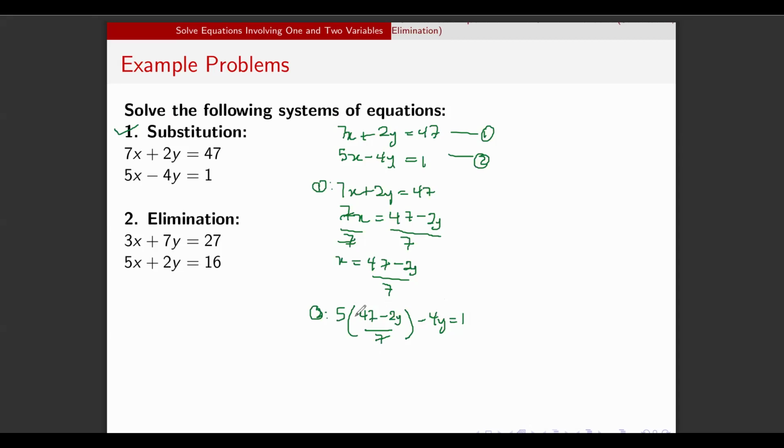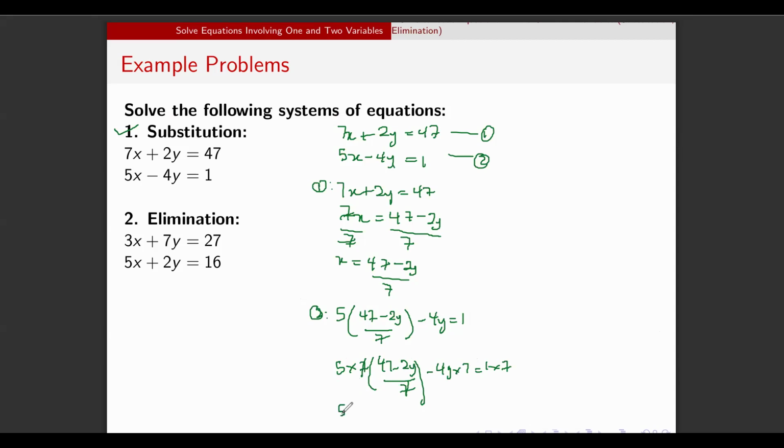There's 7 in the denominator, so I have to multiply through every term by 7 to get rid of this 7. So I'll multiply here 5 times 7 times (47 minus 2y) over 7, minus 4y times 7, equals 1 times 7. Remember I said I'm multiplying through everything by 7. Now this 7 will cancel out this 7 to remove the denominator.